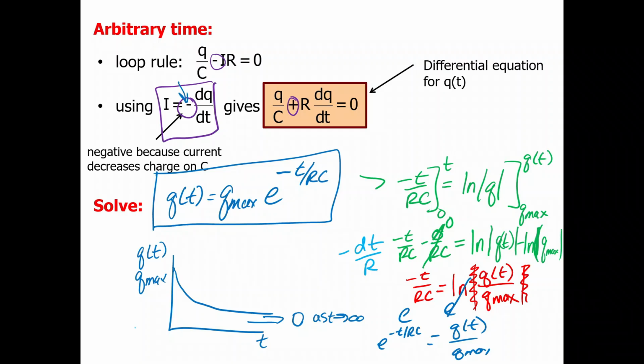And you can see that RC is still there, so that'll come into play. And then you could also, once again, find I through that branch. I of t is going to be dq dt. You could find VC is going to be q of t over the capacitance. You could find VR is going to be I of t times R. Okay, so all the things we did charging, we can do discharging.